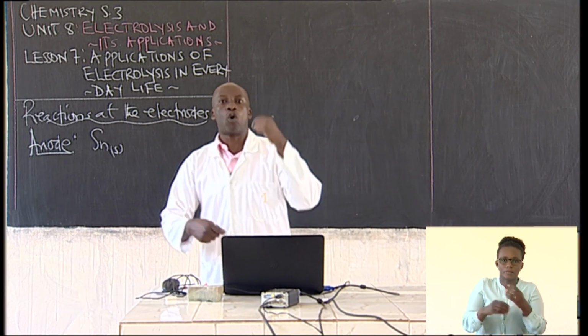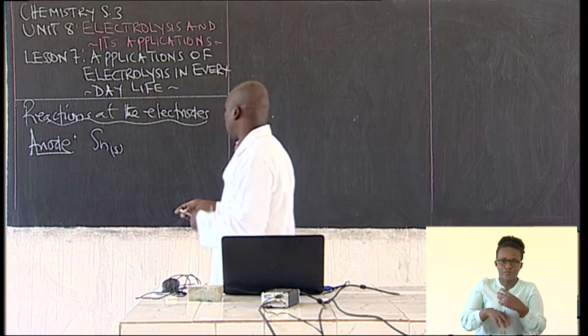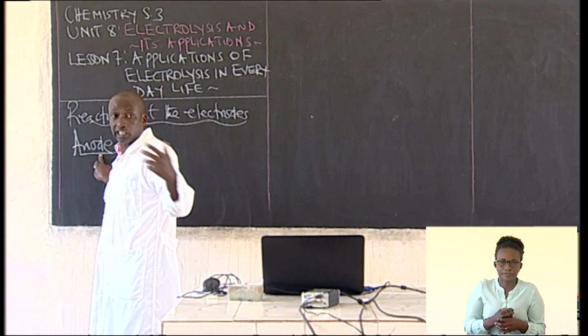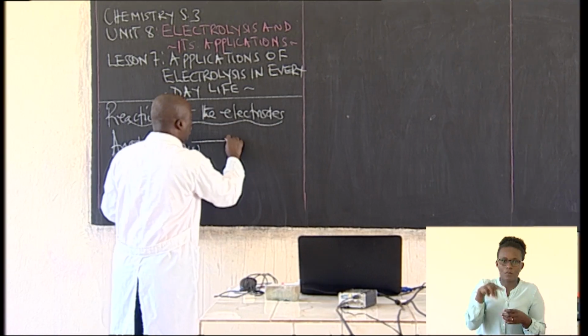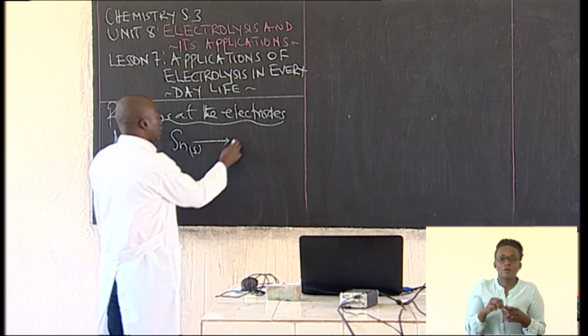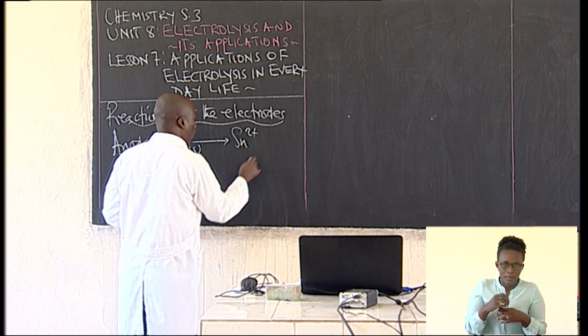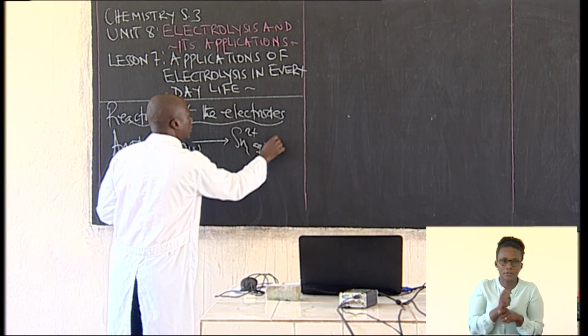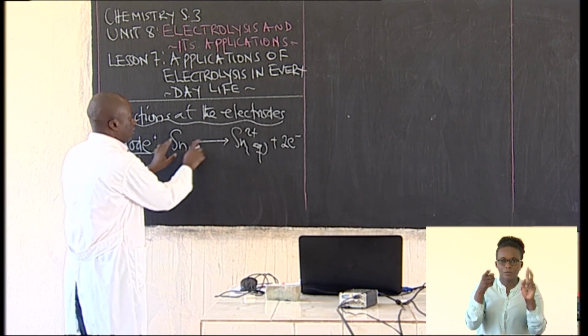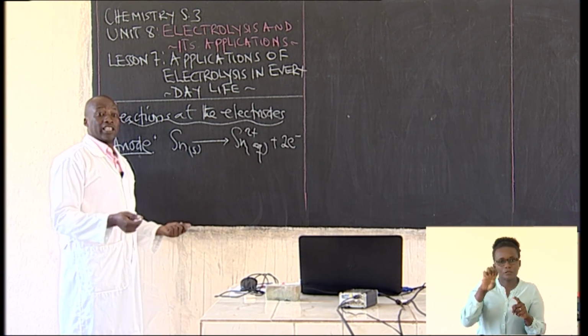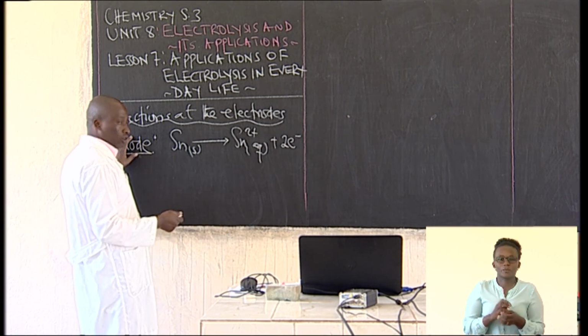So it undergoes what we call oxidation. As usual, oxidation takes place at the anode. So we'll have tin now dissolving, or oxidizing, to form tin 2 ions in solution with electrons being lost. So this is the reaction that is taking place at the anode.